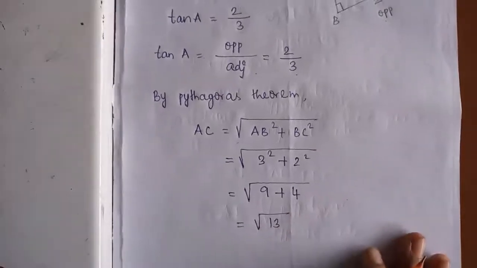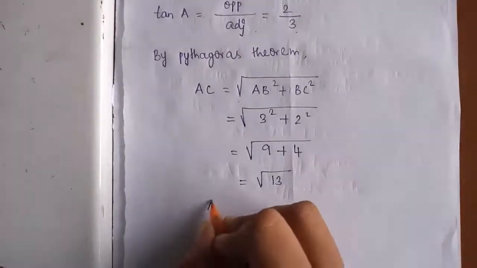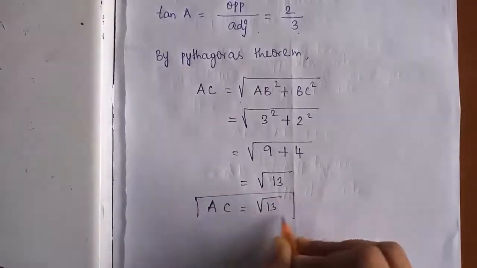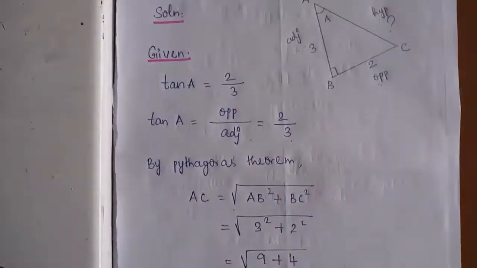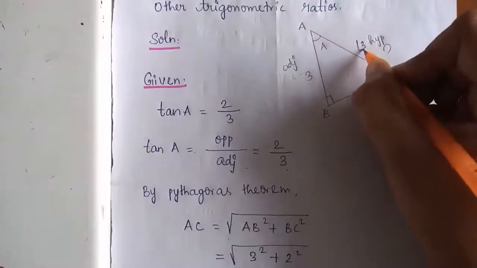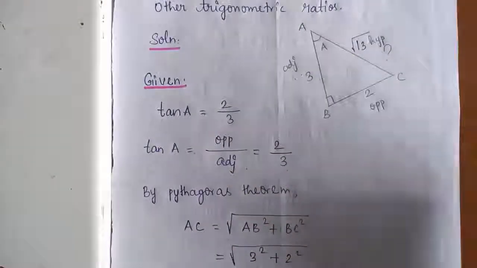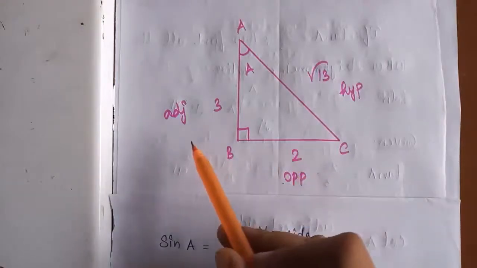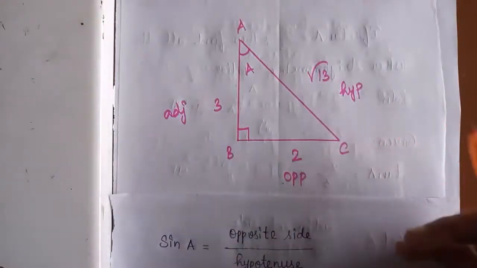So now we find the hypotenuse, that is AC is equal to root 13. So the value of hypotenuse is root 13. So now we know the opposite, adjacent and also the hypotenuse value.